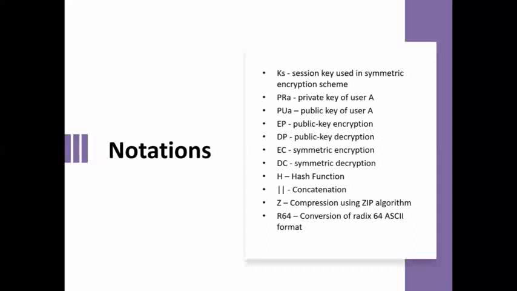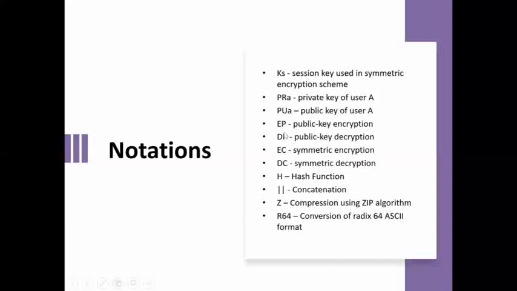One key is used for encryption and the other for decryption. PRA refers to the private key of user A. Similarly, PUA is the public key of user A, which also belongs to the public key encryption scheme.